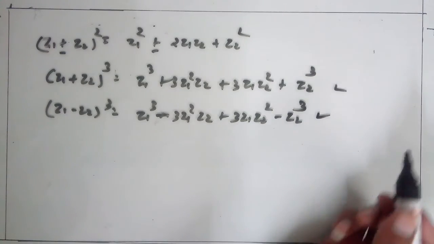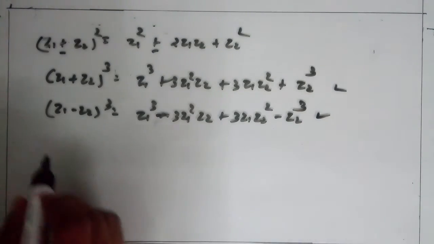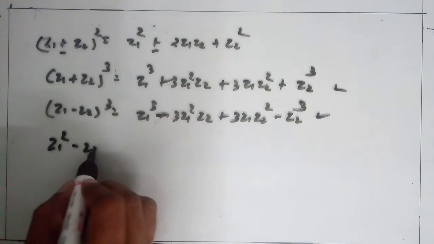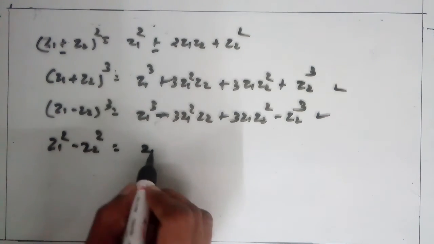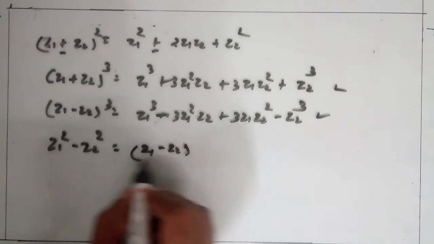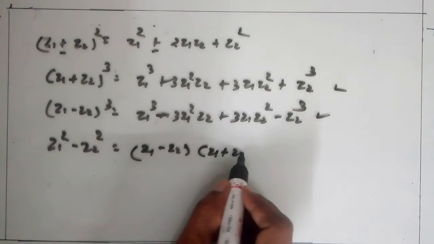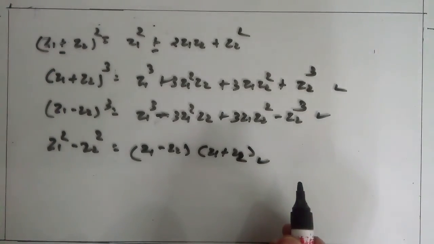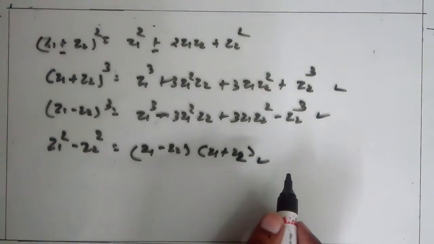Clear this? So remember this identity. Similarly, z1^2 − z2^2 is equal to, you know, (z1 − z2)(z1 + z2). Okay? So remember all these identities, all are important.